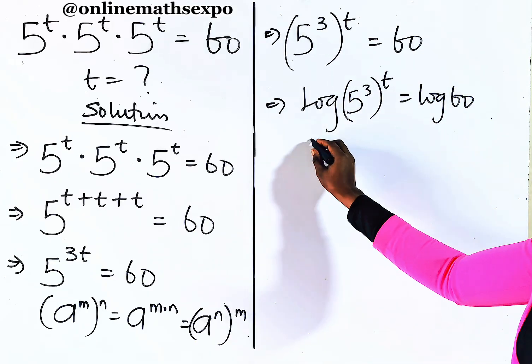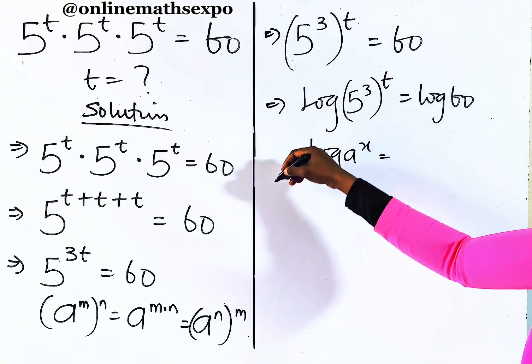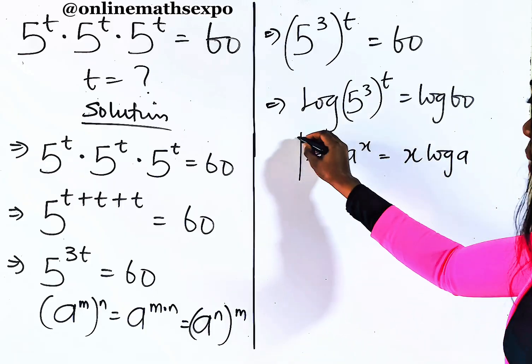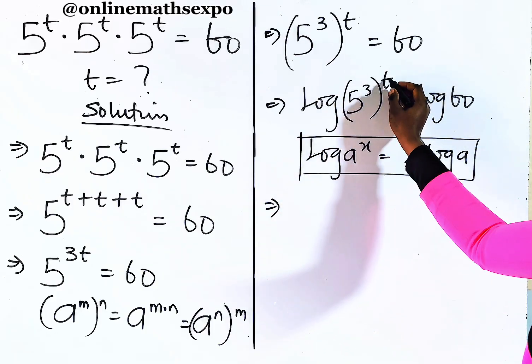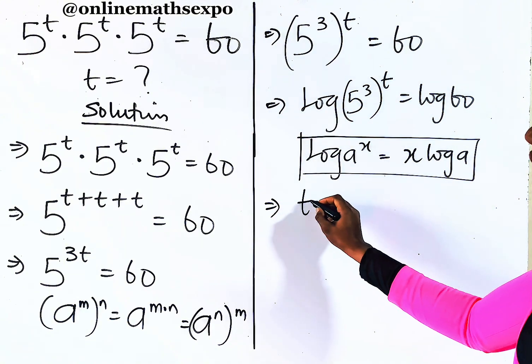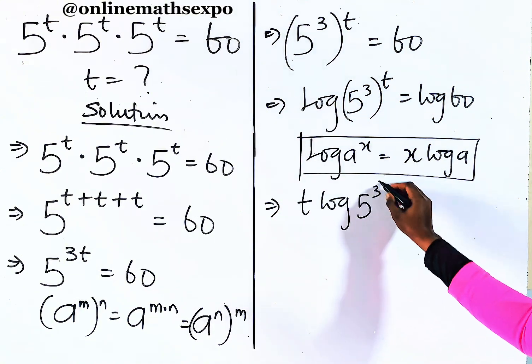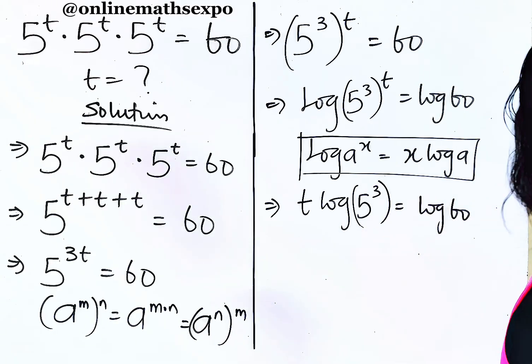Now remember that for every log of a to the power of x, the power multiplies, so it gives us x log a. We are going to apply this rule on the left side. To do that, this power multiplies. So we have t log 5 cubed is equal to log of 60. Our target is to get t.